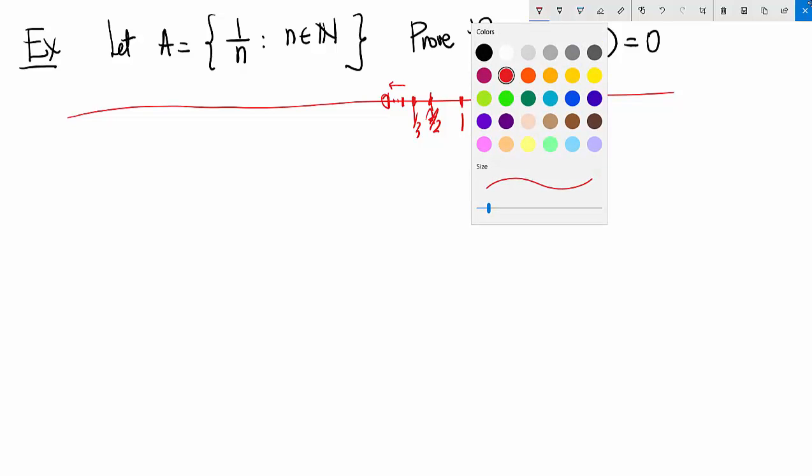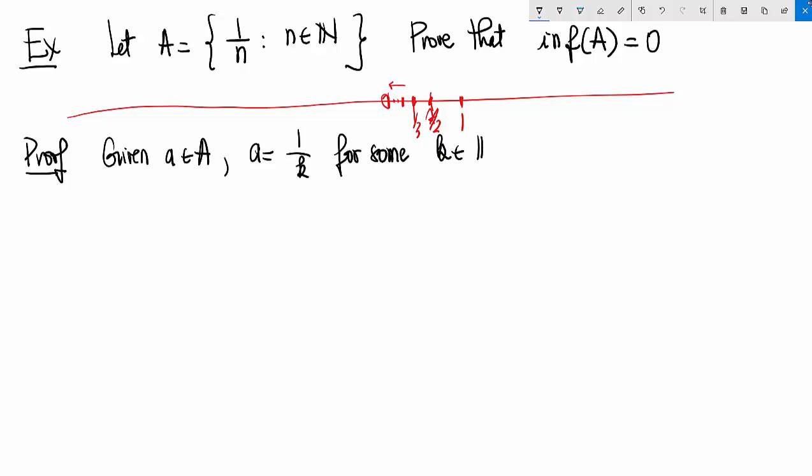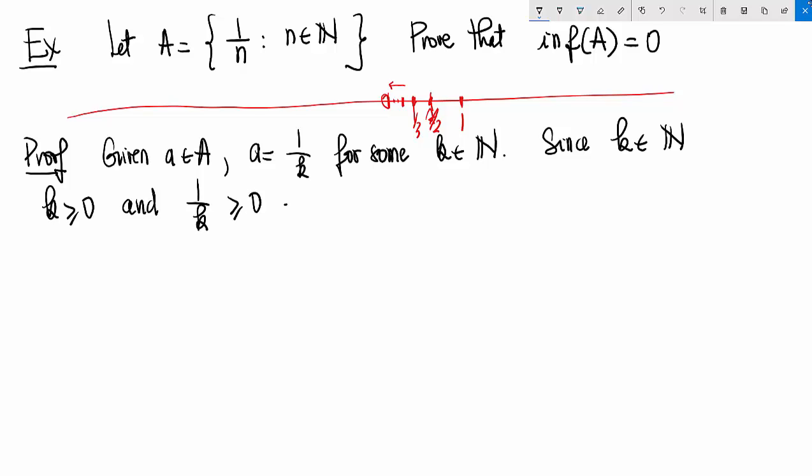Okay. So to prove this claim, we know that given an element a of the set A, we can write a as 1 over k for some natural number k, right? Okay, and then since k is a natural number, then k must be greater or equal to 0, and of course this means that its reciprocal is also greater or equal to 0.